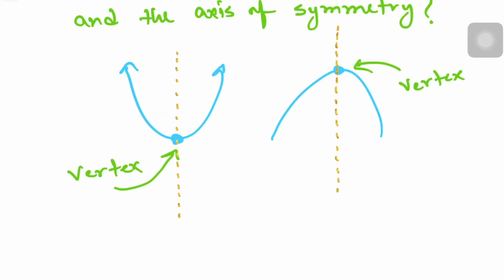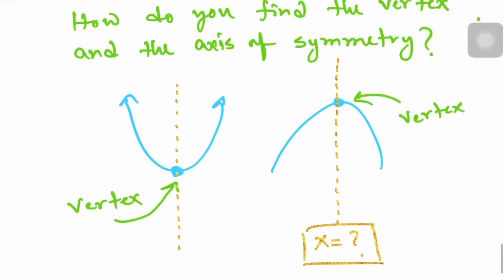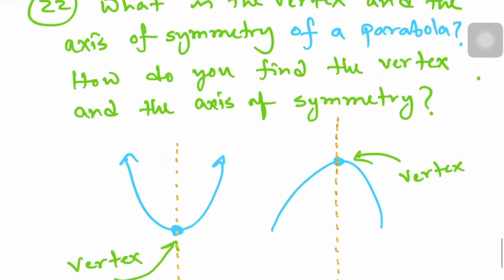So this vertical line will be called the axis of symmetry, and it always goes through the vertex and divides the parabola into two equal halves. The axis of symmetry will always be x equal to some number. Now we do not know exactly what number that is for this specific problem, but it's always going to be x equal to something.